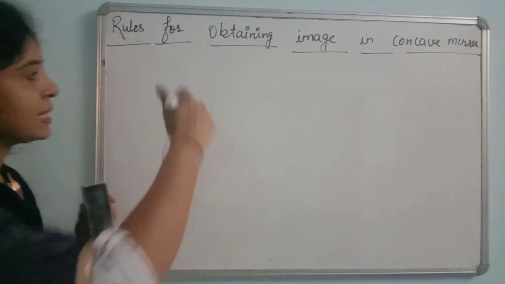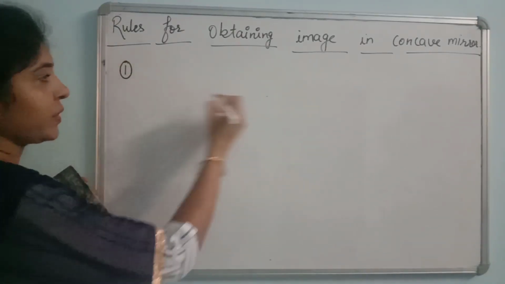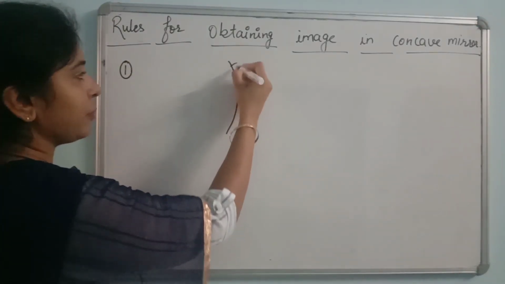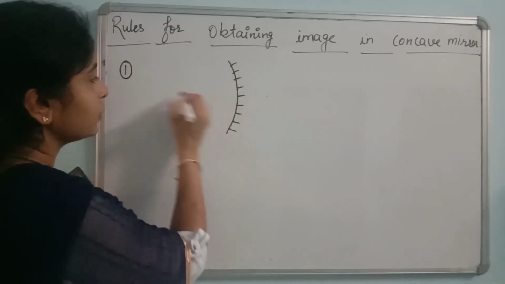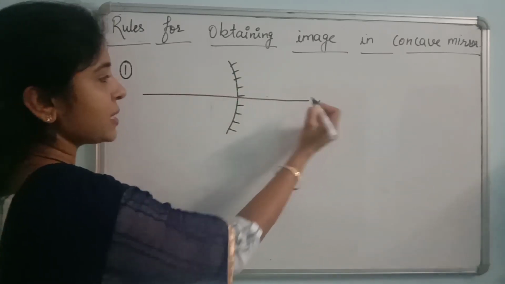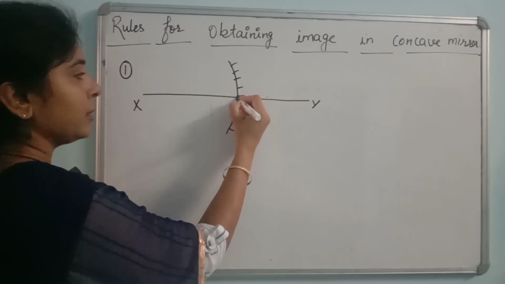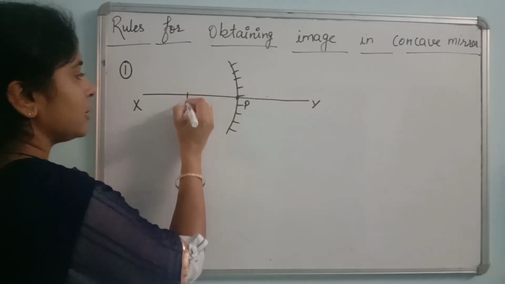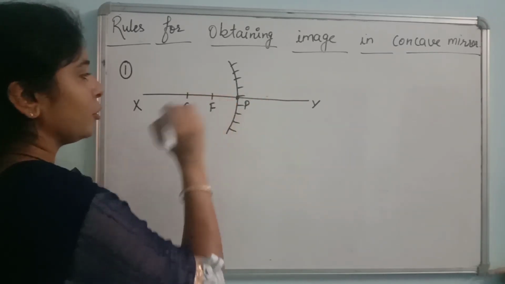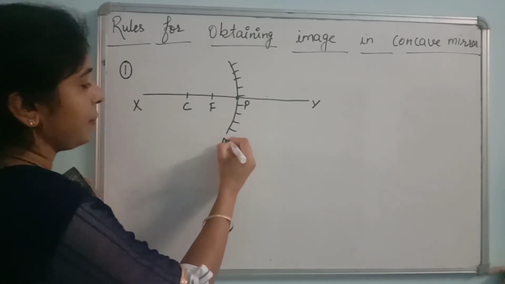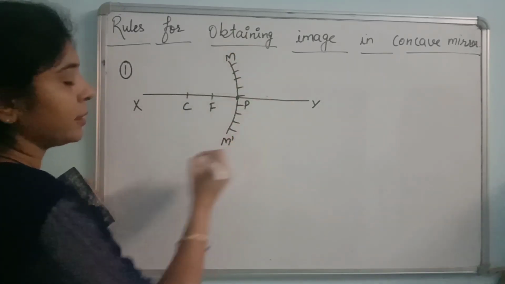What are these rules? See, first rule is, if it is the concave mirror, this is the principal axis, this is pole, center, focus, M dash.